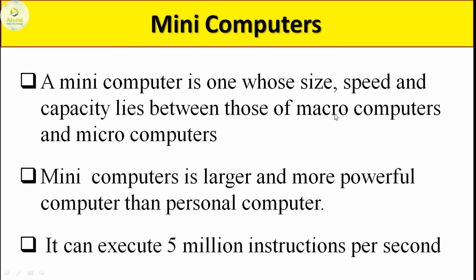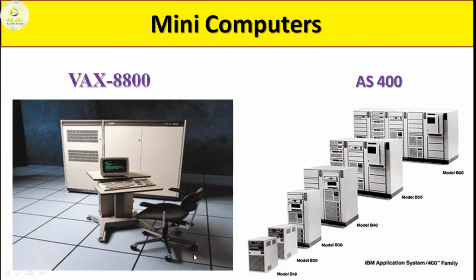Minicomputers are larger and more powerful than the personal computers we use now. They can execute up to 5 million instructions per second. How many lines can it read and interpret? 5 million instructions per second. That is the capacity of the minicomputer.